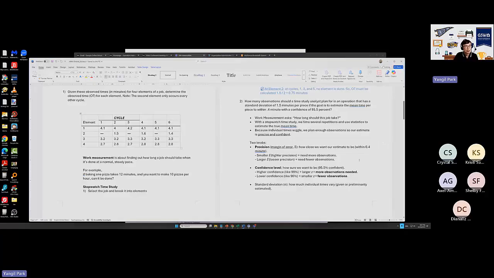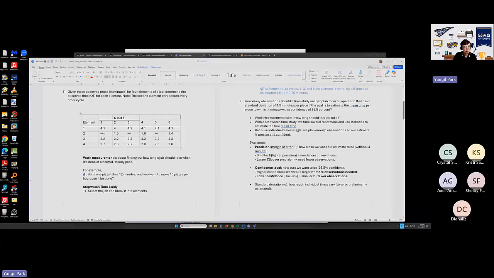All right. So question number 1. Again, it's about work measurement. We have this table that tells you how many minutes it takes for certain elements, certain tasks, across 6 cycles, 1 through 6, where we measure how long it takes to complete.